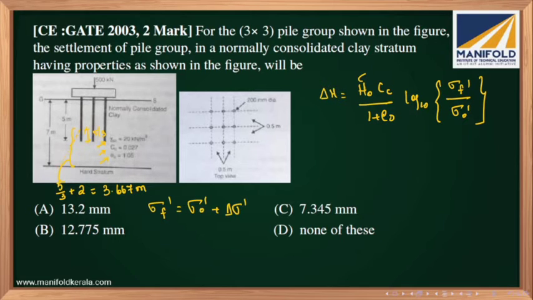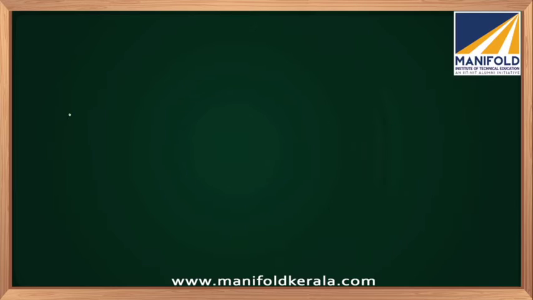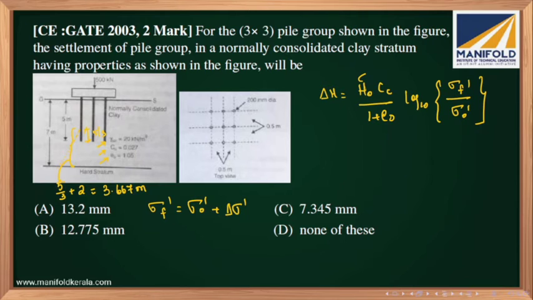Now, step by step, let's calculate the initial effective stress, sigma naught dash. It has to be calculated at the mid of the clay layer which is going to consolidate. 3.667 meter of soil is going to consolidate.